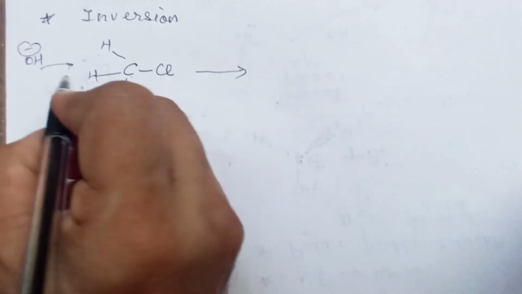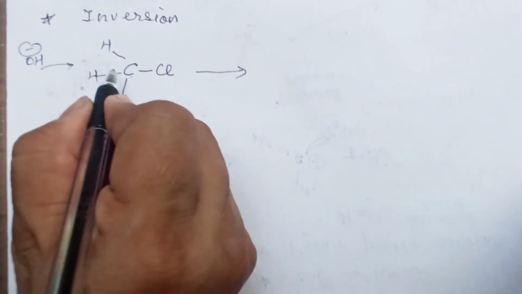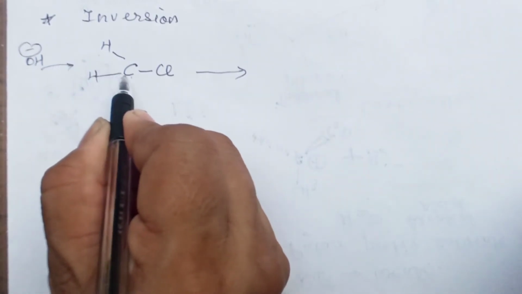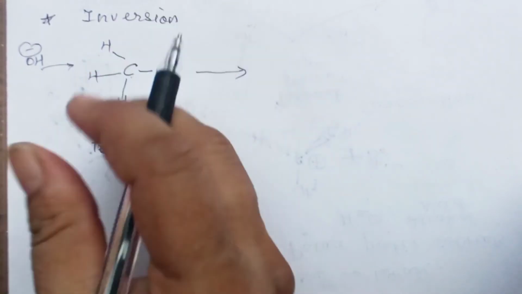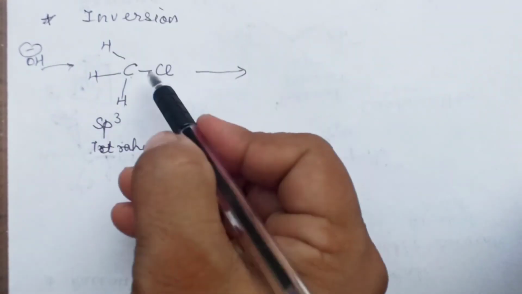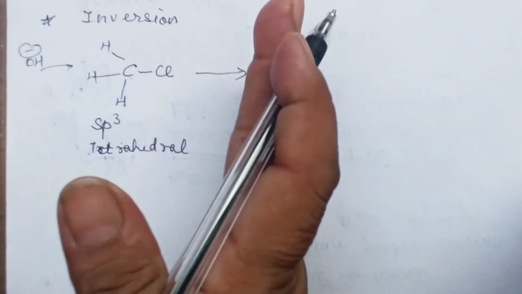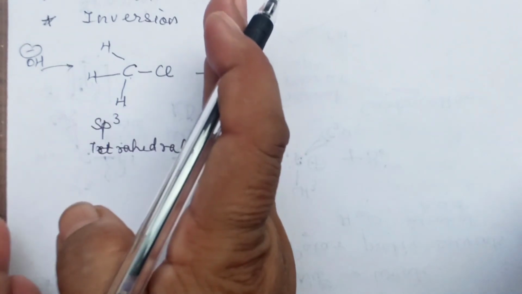Now, when the nucleophile comes from the backside and gets attached here, these hydrogens all straighten up, and the halogen bond starts breaking. This bond starts weakening and this bond starts forming.